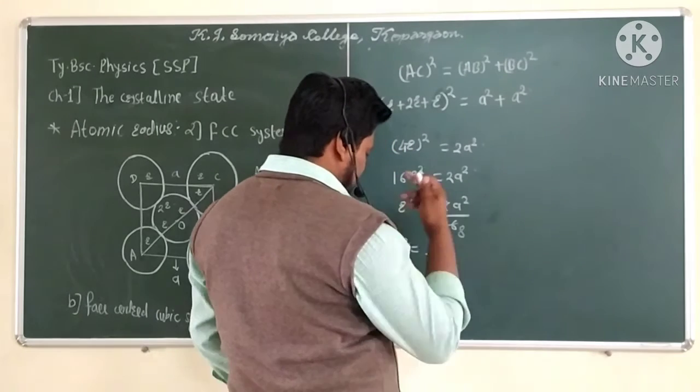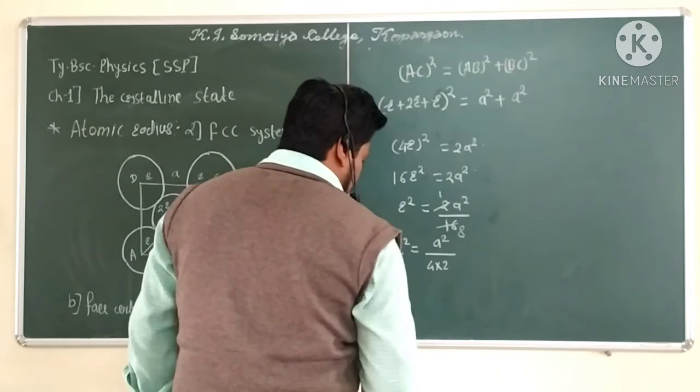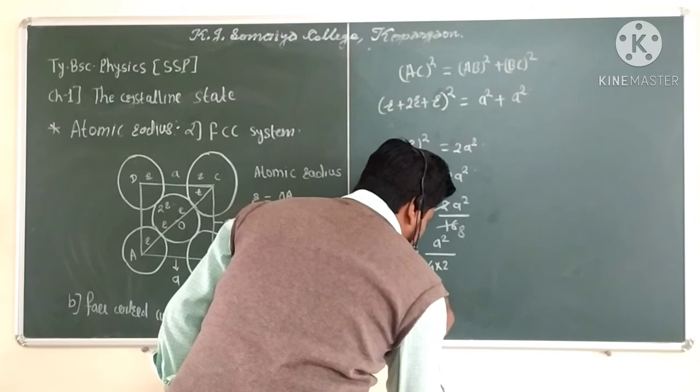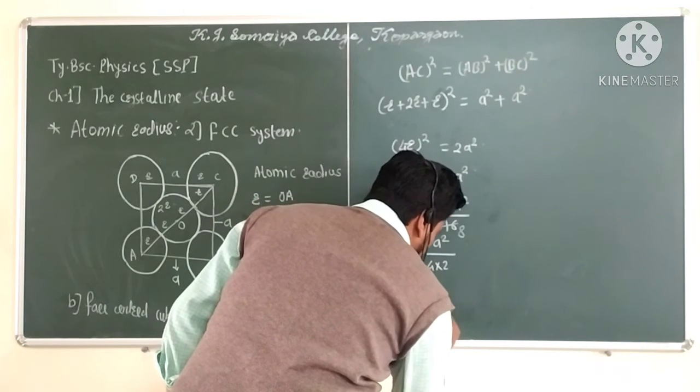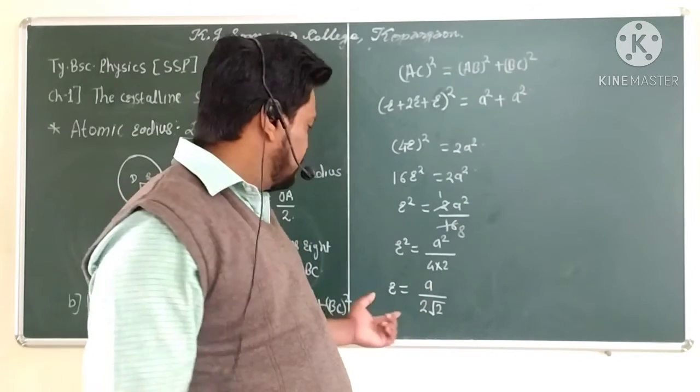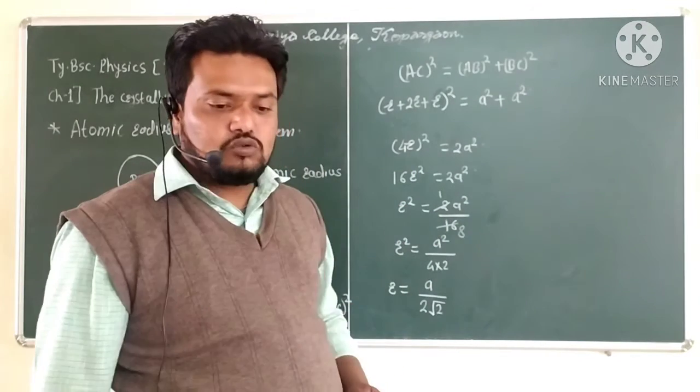And if taking square root of both sides, the relation will become R is equal to A divided by 2 into root 2.